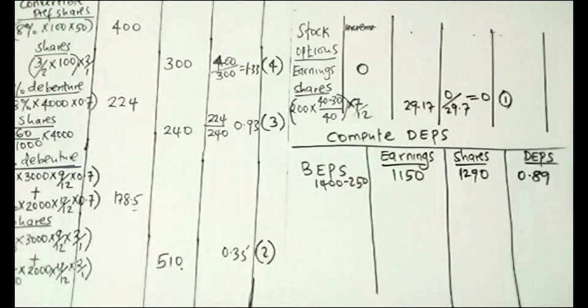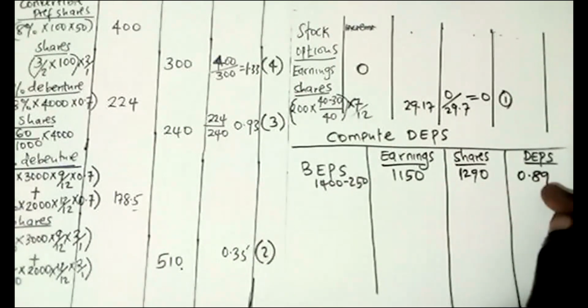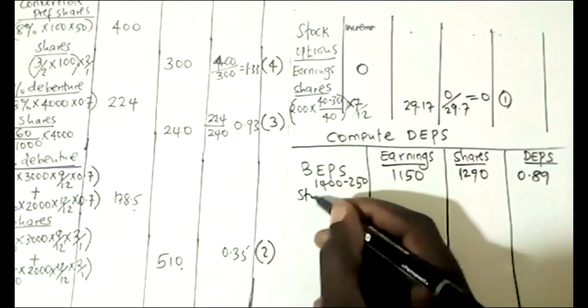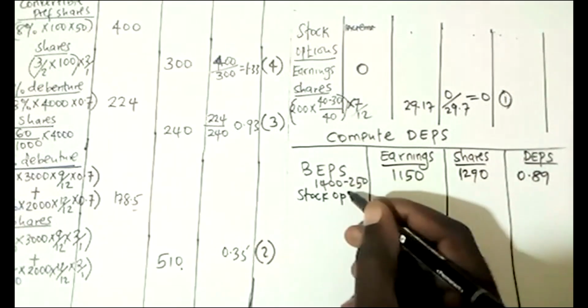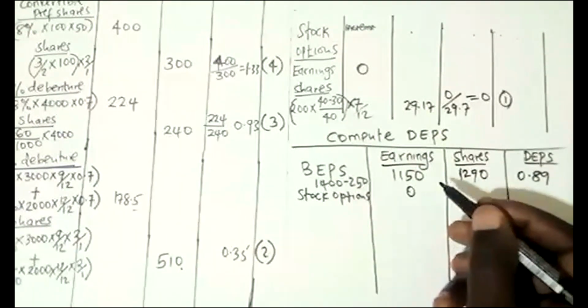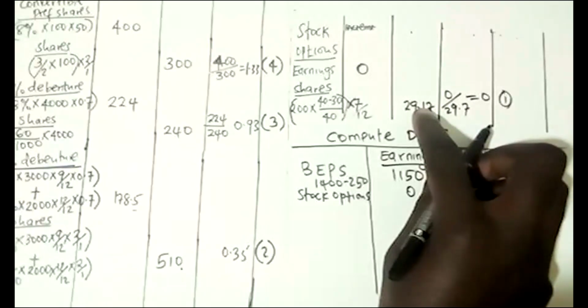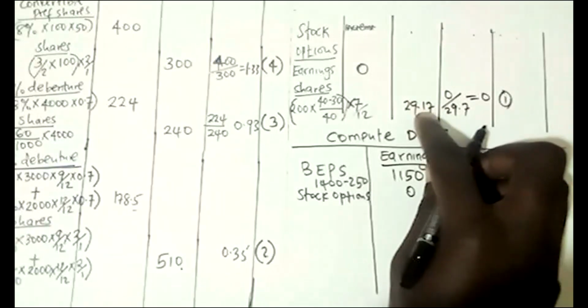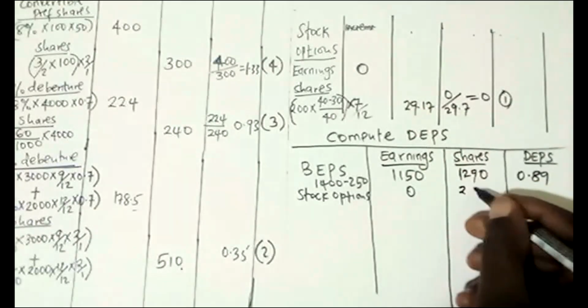Then now you start with number one, the one which has the least effect on this basic EPS. That is the stock options. Stock options was number one. The earnings was 0. The shares, we have 29.17.